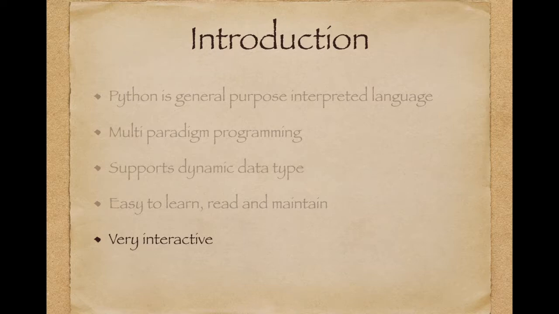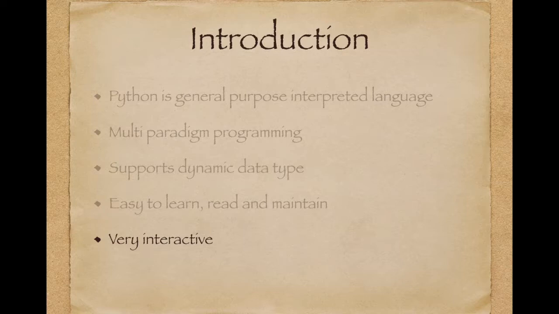Very interactive. Yes, of course, because of the Python shell, we call it very interactive. Why? Say I am assigning a value, a equal to 10, so the value is assigned to the variable a. I want to print the value of a. In any programming language, we have the print statement. But here, when you're working with the Python shell, it is not necessary to type print.